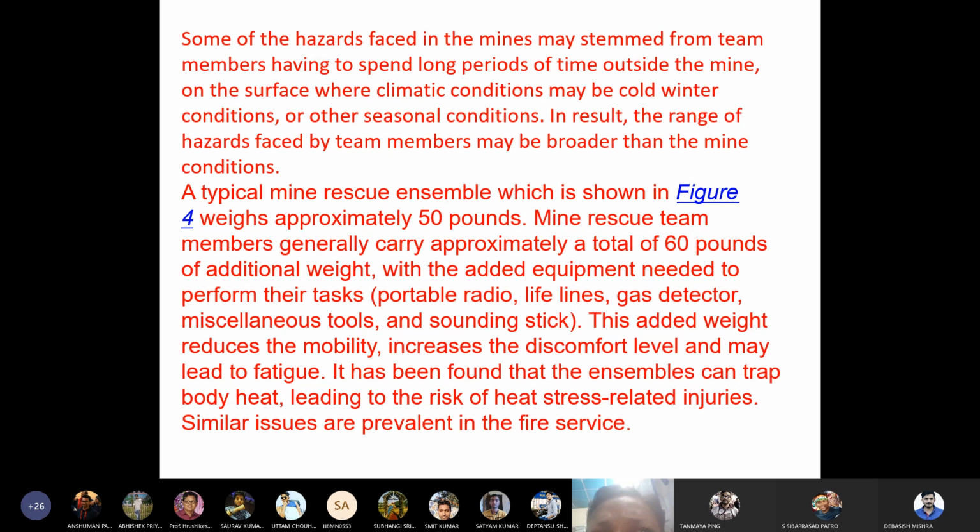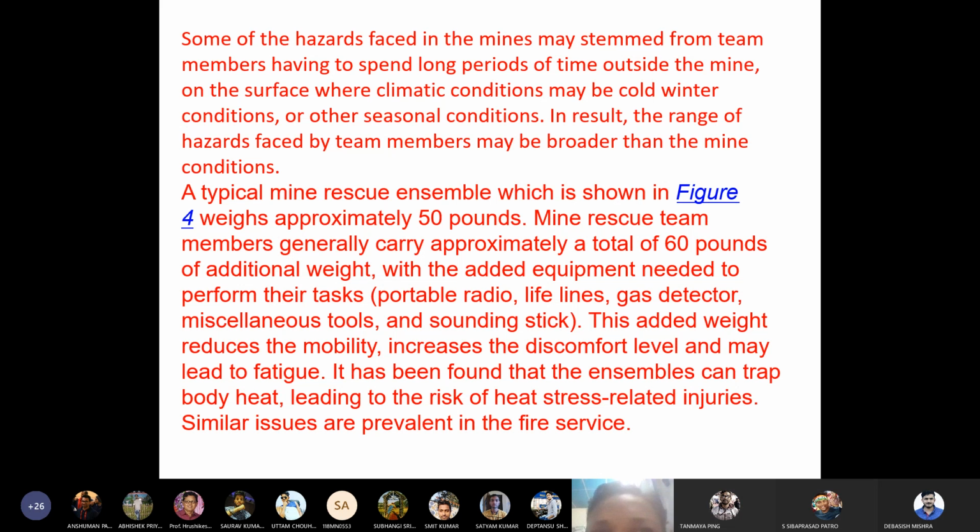The equipment worn by the rescue team members weighs approximately 50 pounds.